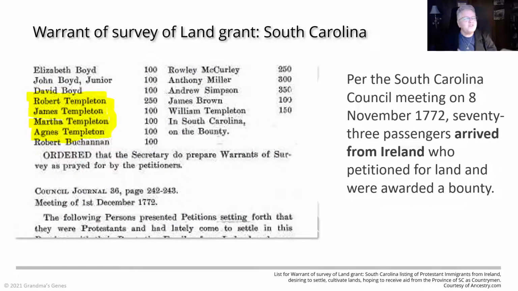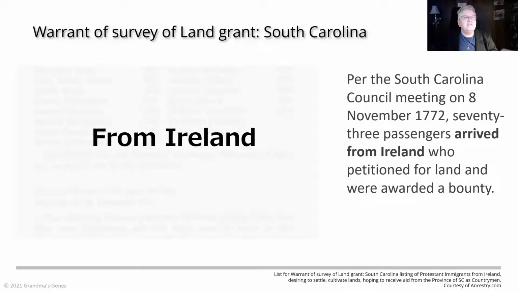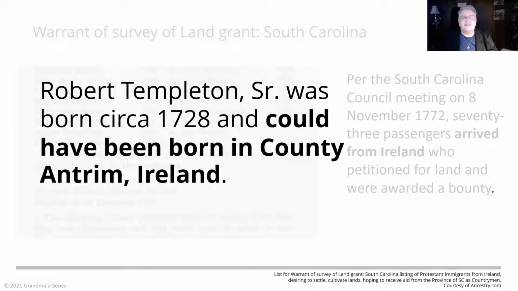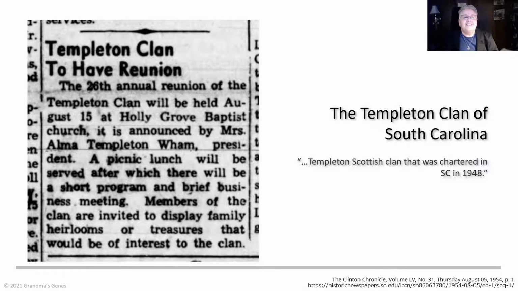Despite all of the research, all of the information was pointing to our family, Robert, coming from Ireland. Even his son said that his father was from County Antrim, Ireland. So we knew from that information that the Scottish clan, well, it's a good idea.